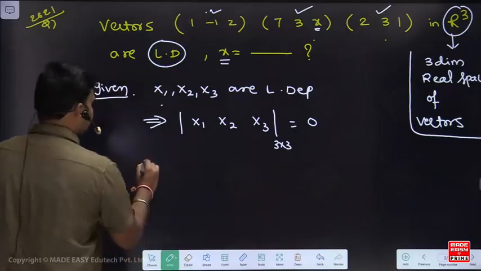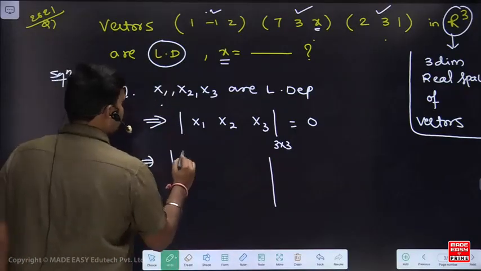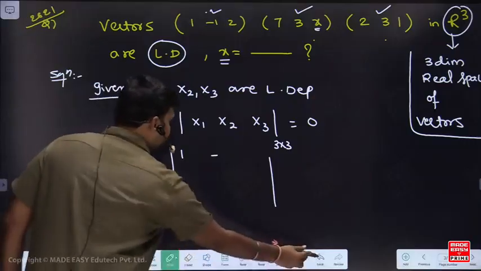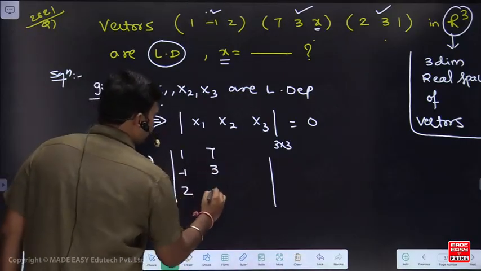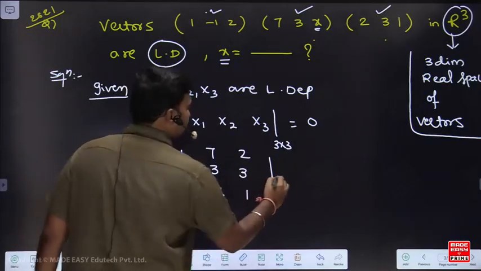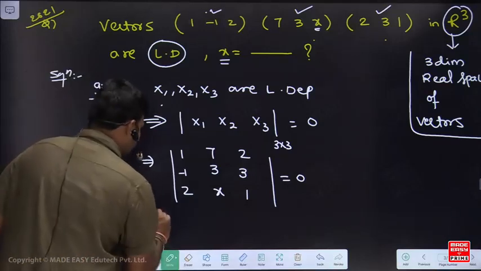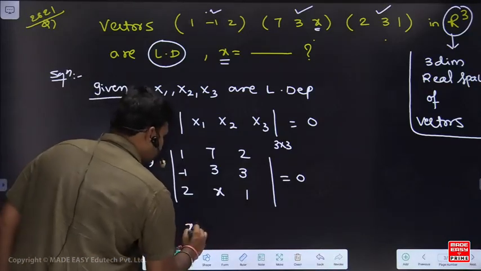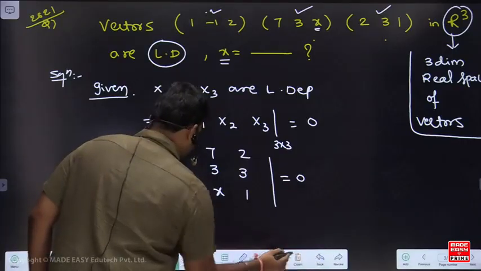This is a 3 cross 3 determinant. So now here I can write that x1 is 1, minus 1, 2, x2 is 7, 3x, and then 2, 3, 1, and this is equal to 0. Let me expand this, or you can expand.